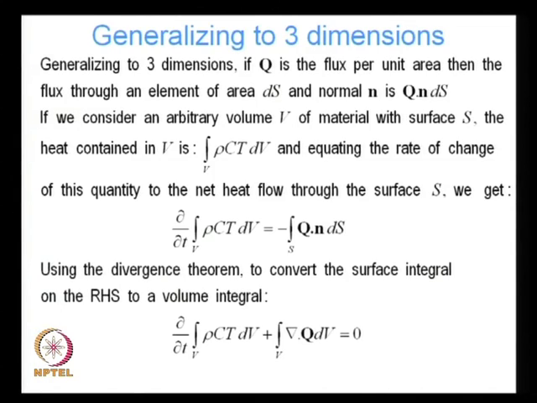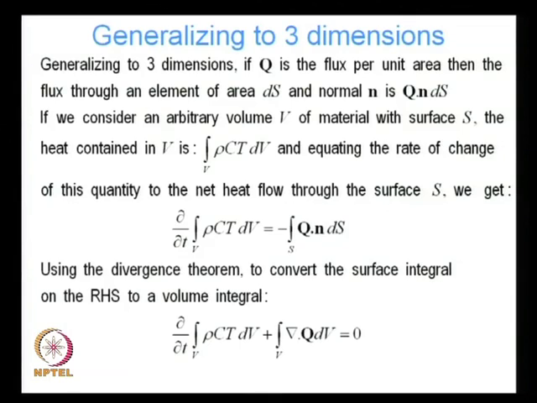Then we again use the principle of conservation of energy: any change in the energy contained in that volume V, which comprises infinitesimal volumes dV, has to depend on how heat is flowing in or leaving through the boundaries. So, del/del t of the integral over V of rho C_t dV has to equal minus the integral of Q dotted with n dS, the net flux through the boundary.